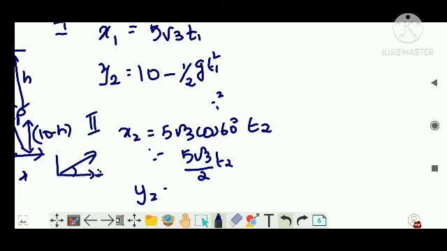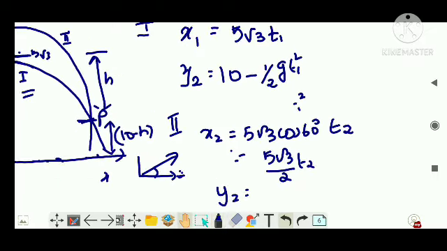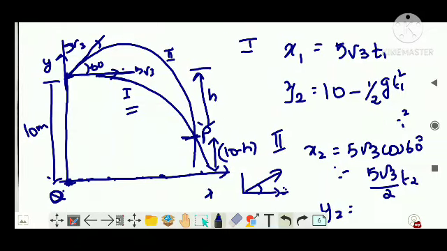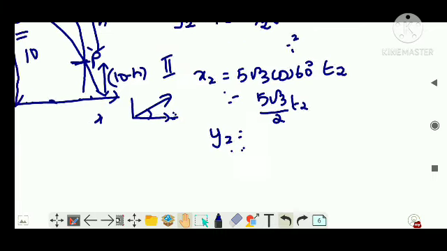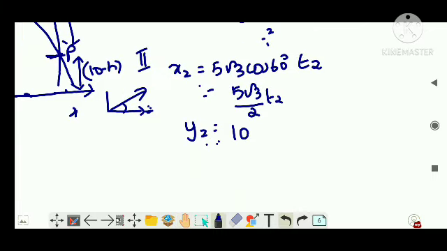So what will be its vertical displacement? Same. Let's say this is traveling this much height h. This h can be calculated. I told you the measurement is always taken from the origin. So how much is the vertical displacement of the second ball? It is h plus 10. So y2, I will write as 10 plus h.